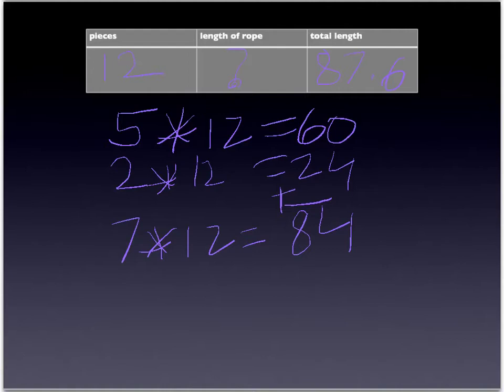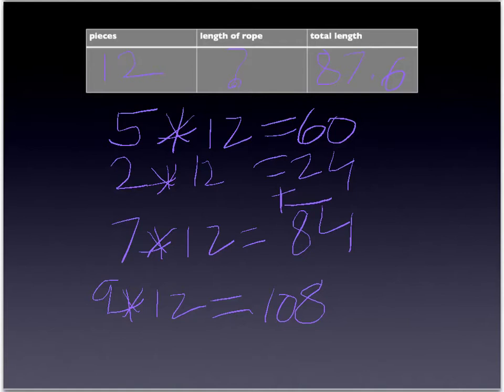Another way to look at it: I do have 9 times 12 memorized. I know 9 times 12 is 108, and so that's way too big for my 87.